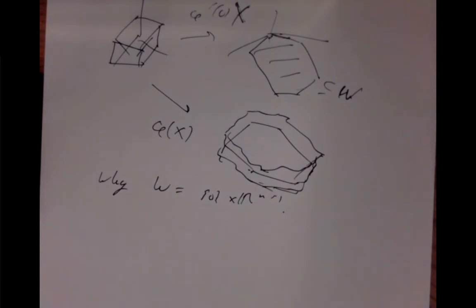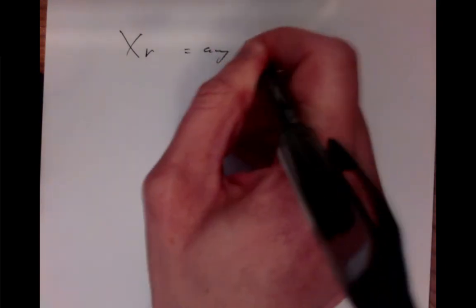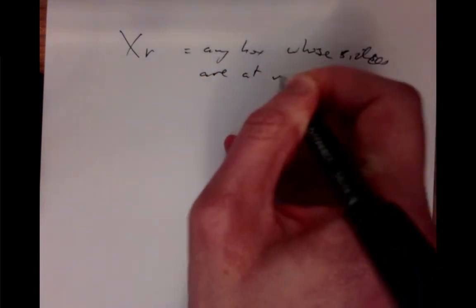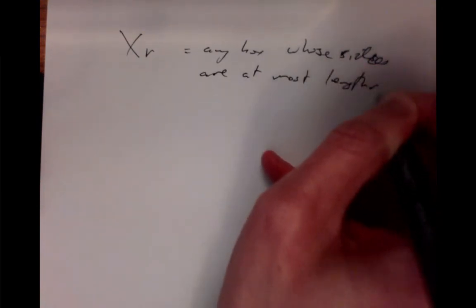Now it's convenient to introduce a notation where X_R means a box, any box. I won't specify which box. X_R is any box all of whose sides are length R, just for simplicity.